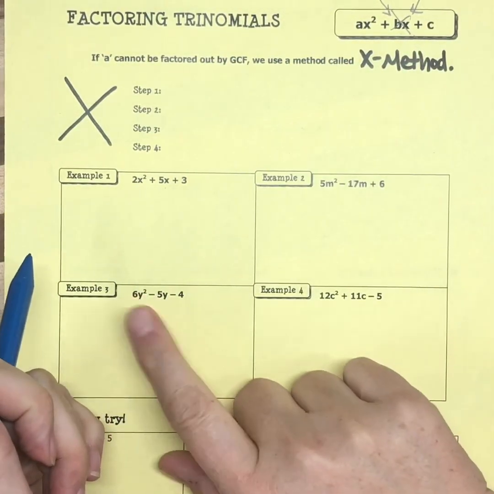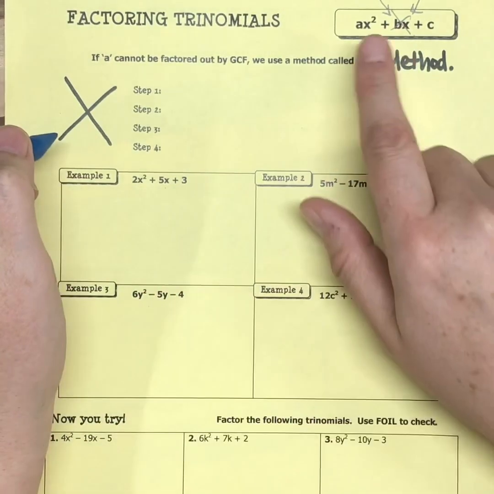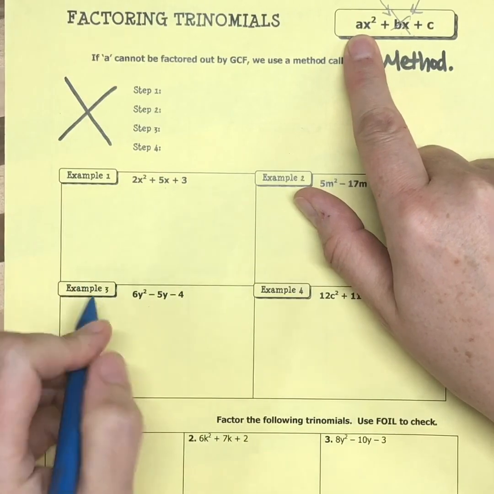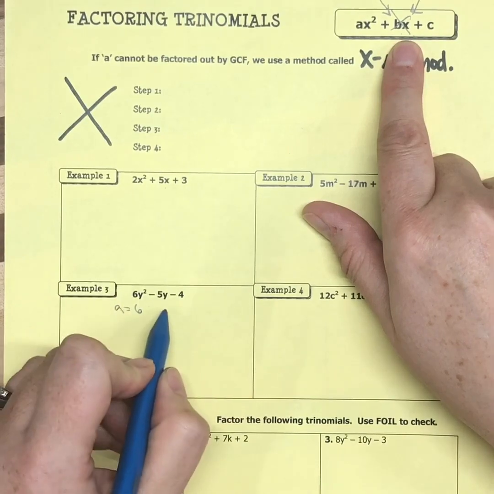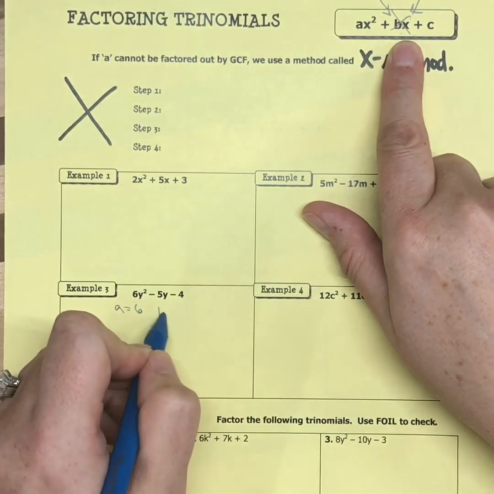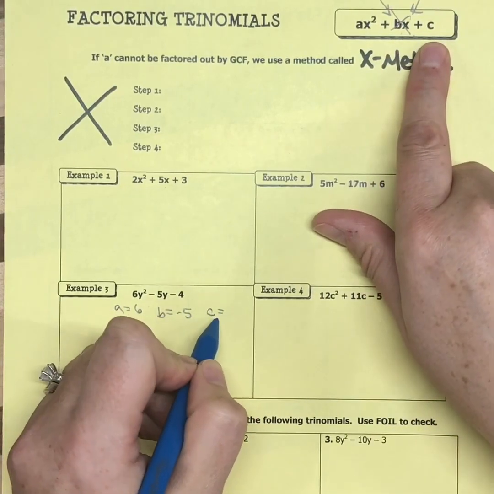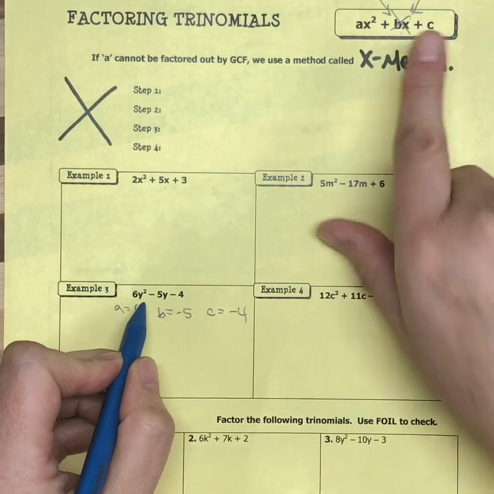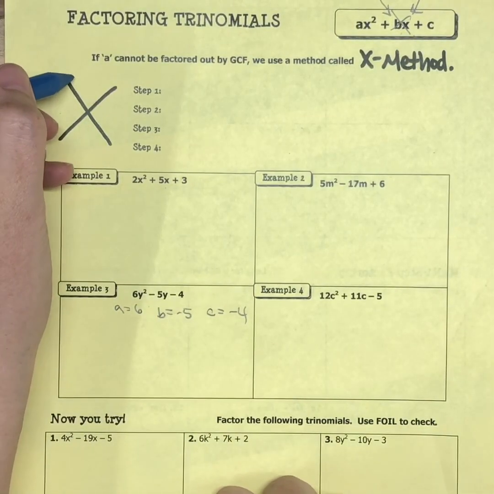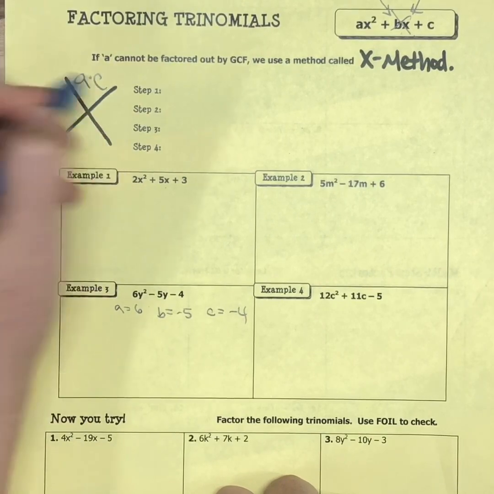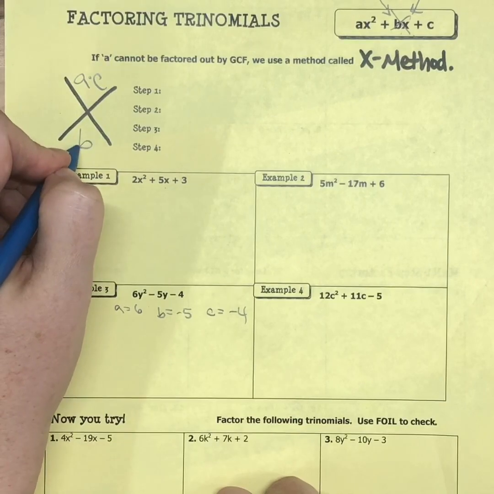I know that may not make much sense right now. And in fact, I want to do example 3 first. So first thing you have to understand, a is always in front of the x squared. So in this case, a is 6. B is in front of the x, or the linear term. So b is -5. And then c is the constant term, which has no variable. So that's -4. And you have to take the sign in front. So every time you set up your x, you do a times c on the top, and then b on the bottom.